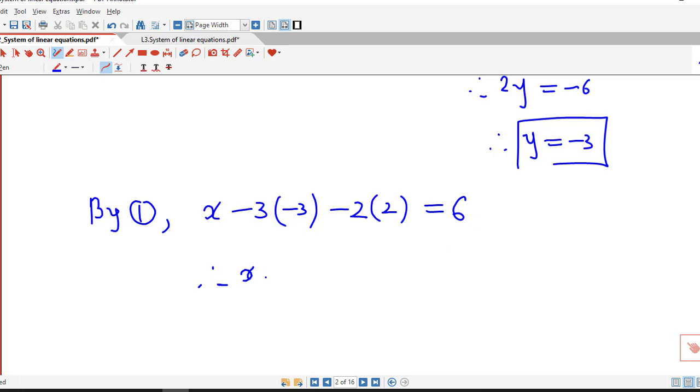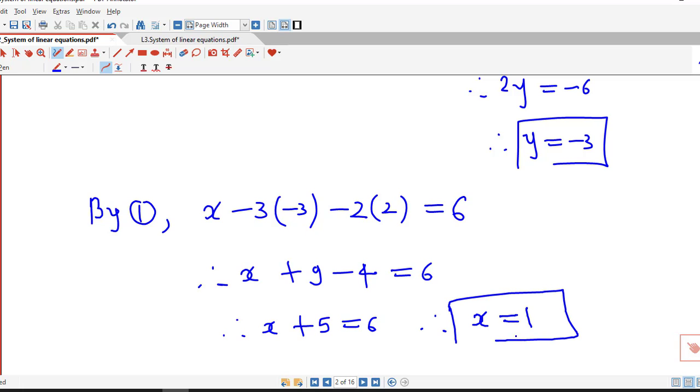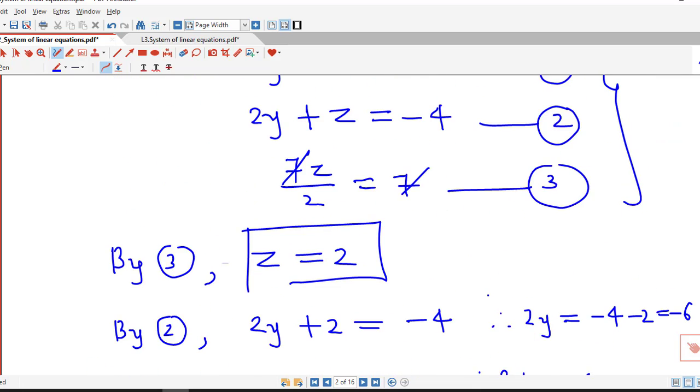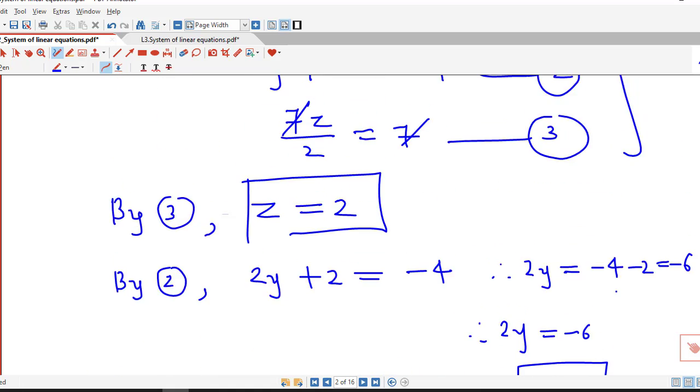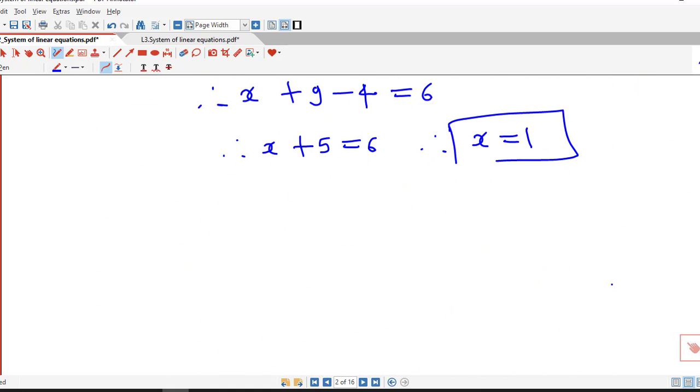So if we simplify this, this is x plus 9 minus 4 equal to 6, therefore x plus 5 equal to 6, therefore x is 1. So here we can see we obtain exactly one value for each variable. X is 1, y is -3, z equal to 2.